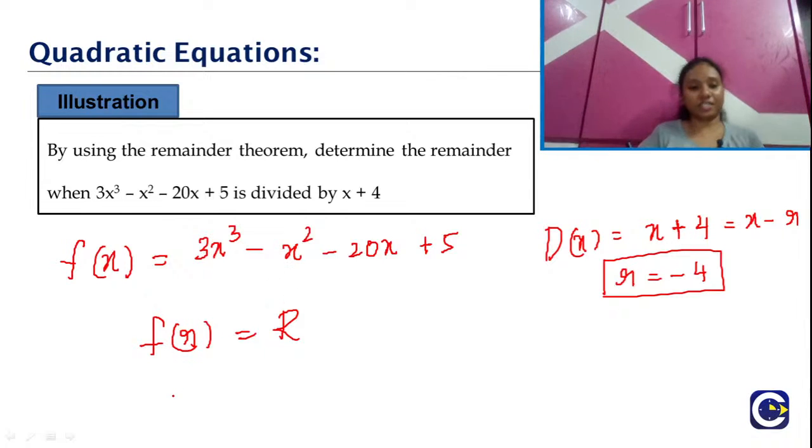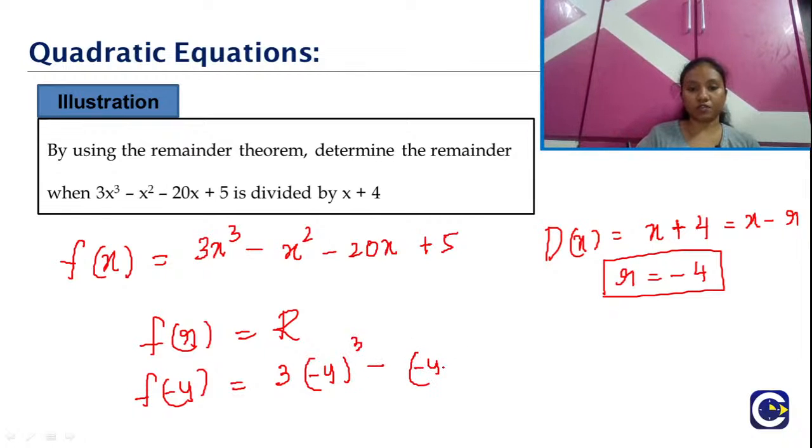So let's just see by substituting. Our r value is minus 4. So in place of x, we substitute that: 3 into (minus 4) whole cube, minus (minus 4) whole square, minus 20 into minus 4, plus 5.